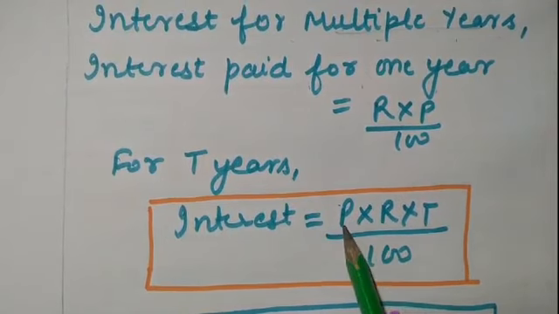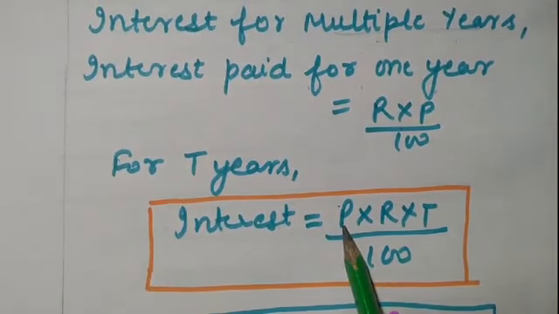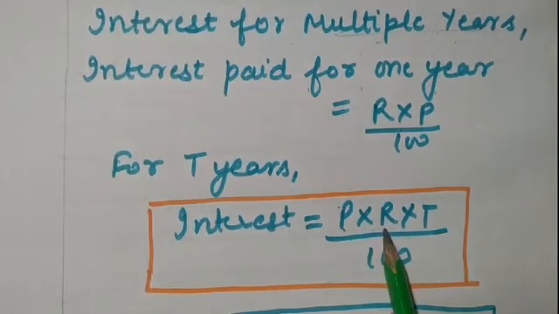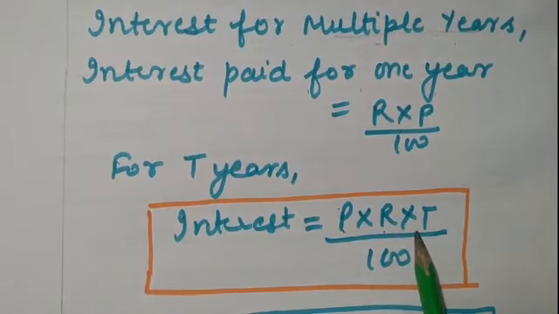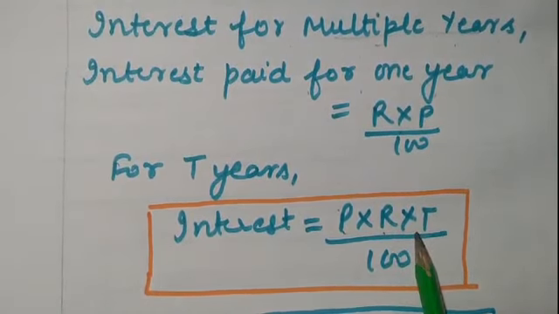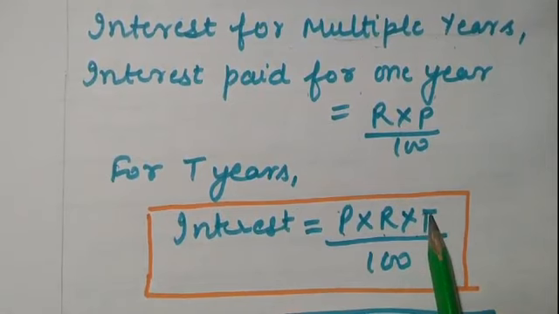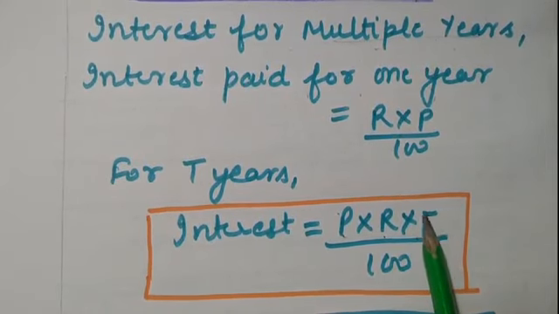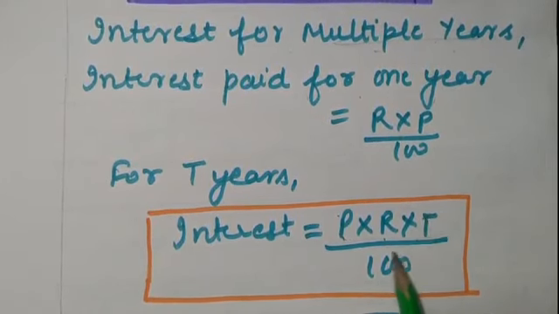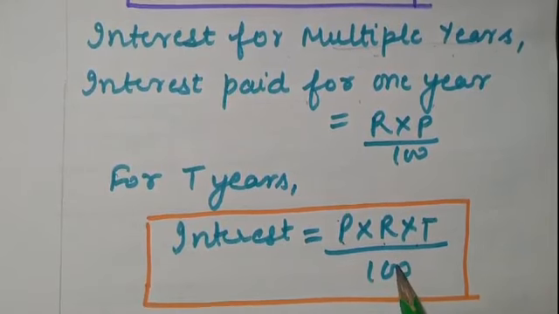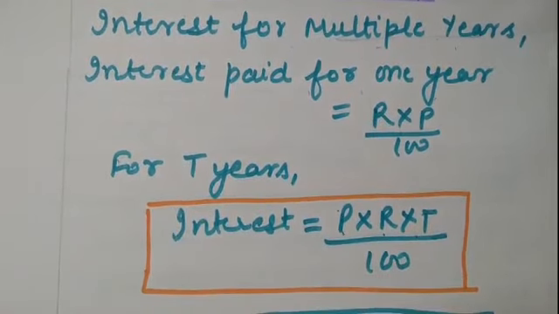Here P is the principal, that is amount borrowed, R is the rate of interest per year, and T is time, for how many years the money is to be kept with the borrower. So this is how you can calculate simple interest.